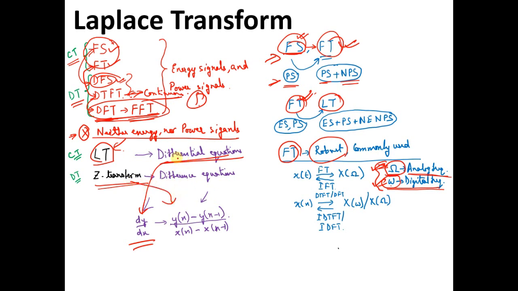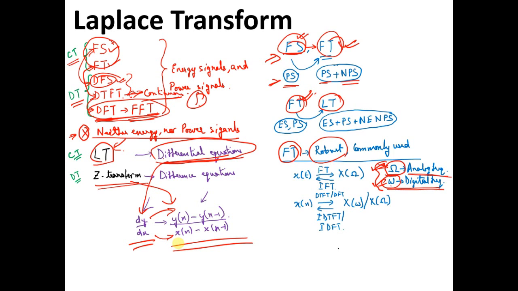This differential equation is represented in the form of a difference equation. So dy is given by y[n] minus y[n minus 1] and x[n] minus x[n minus 1]. Okay, so this is the backward difference method.